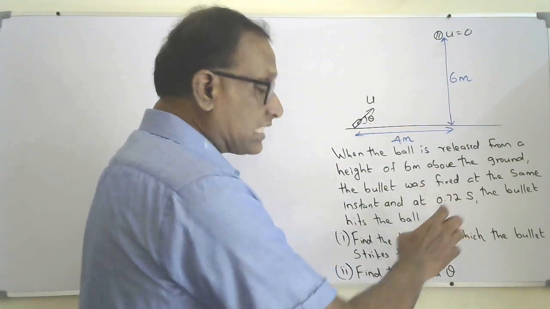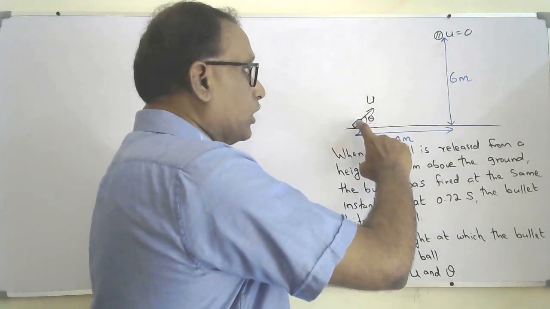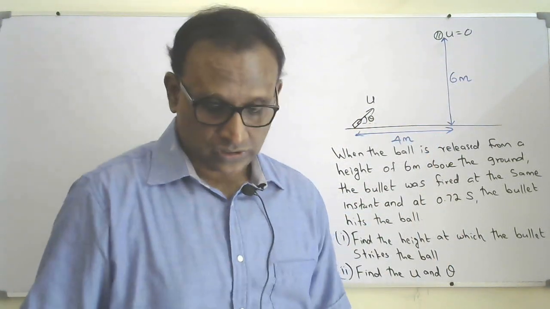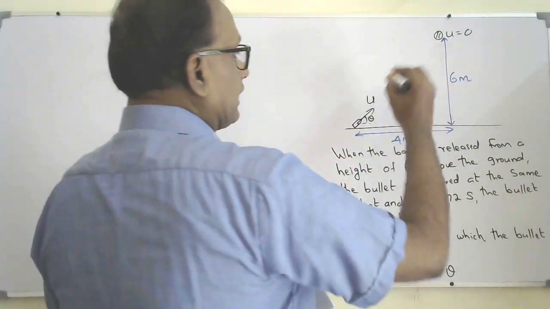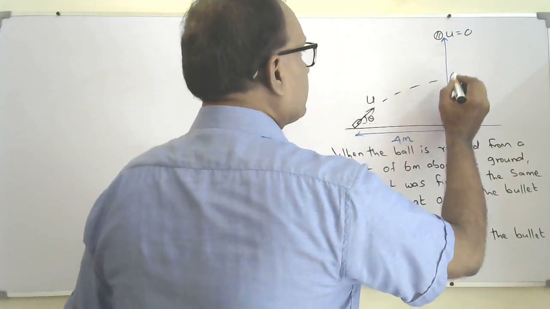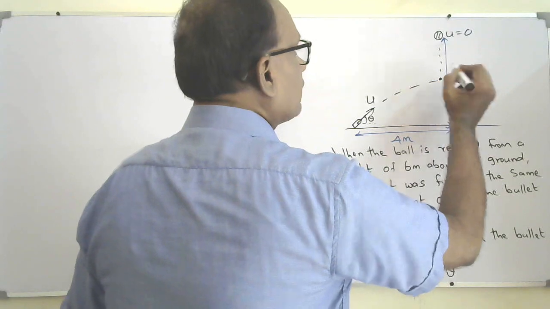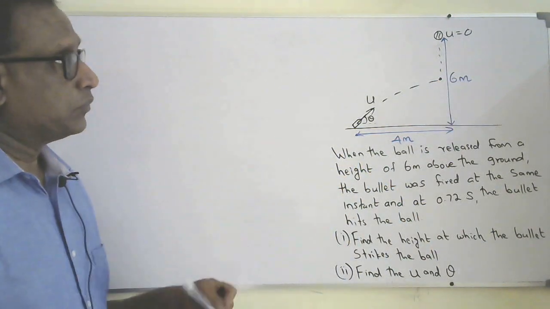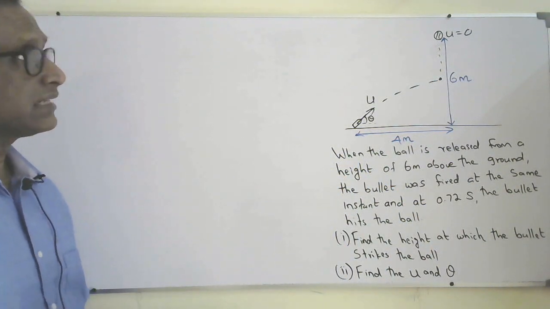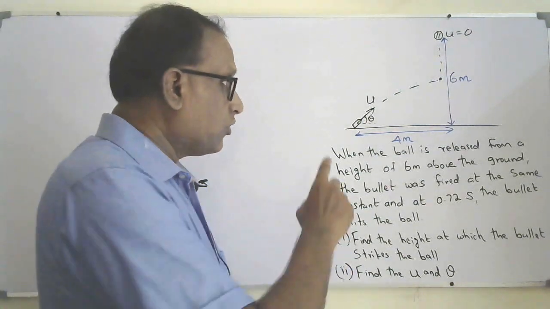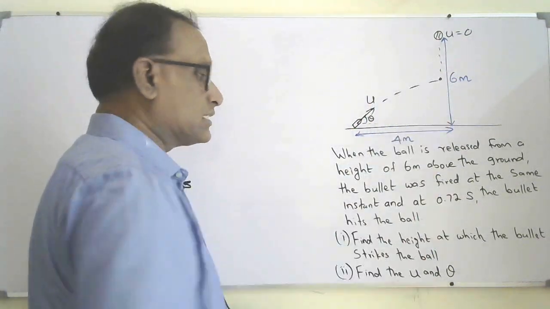At 0.72 seconds, the bullet strikes the ball. So the ball will move vertically down and the bullet will move like this, and the bullet hits the ball at that point. The bullet was fired at the moment the ball was released.